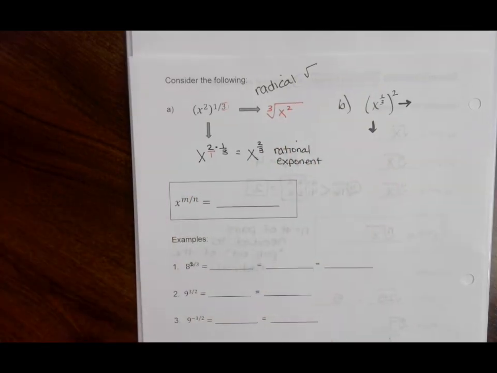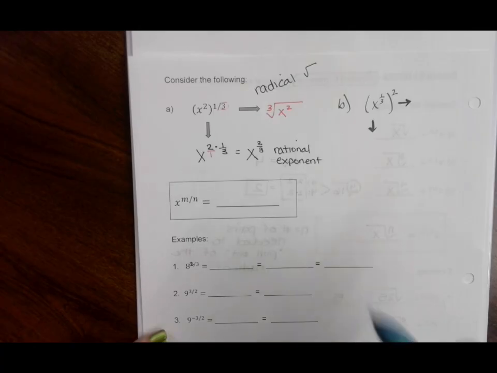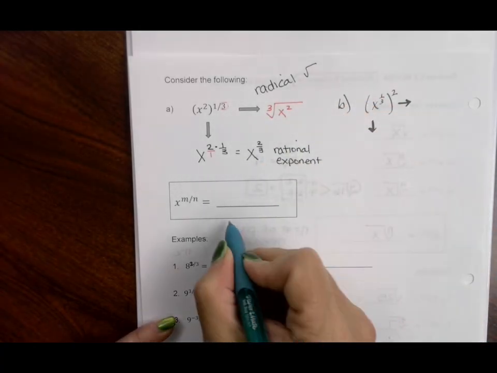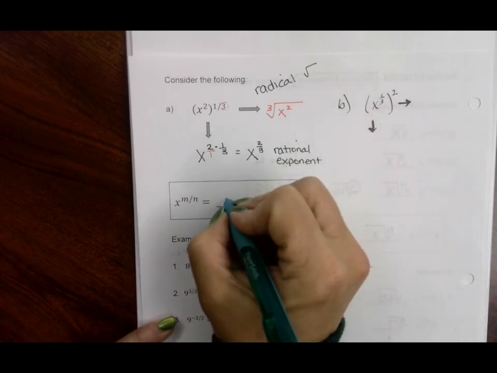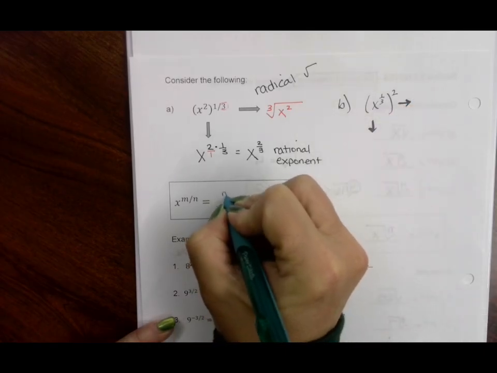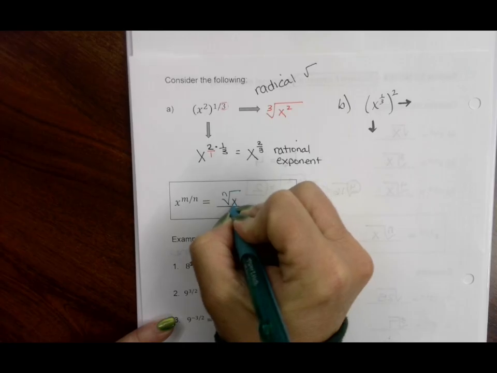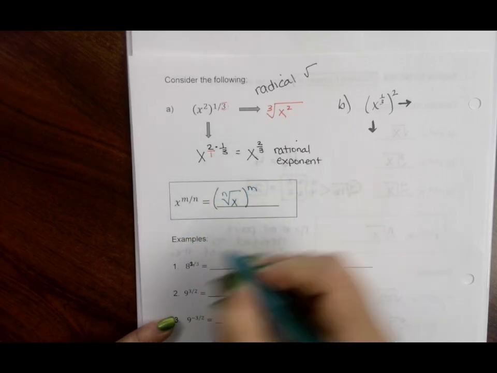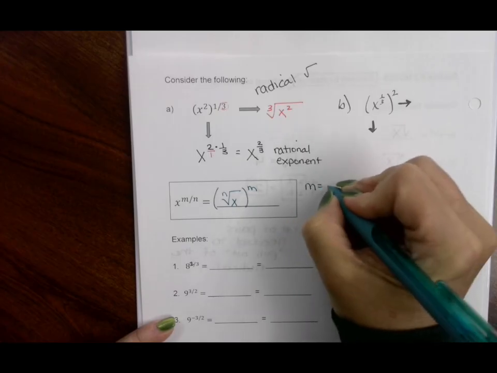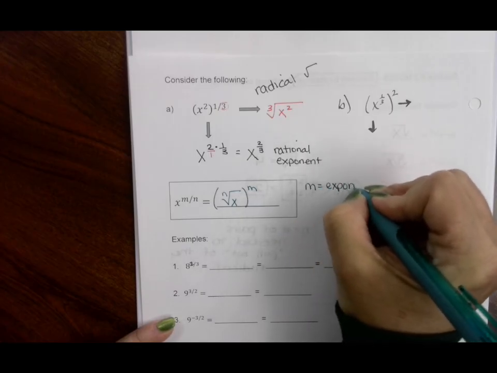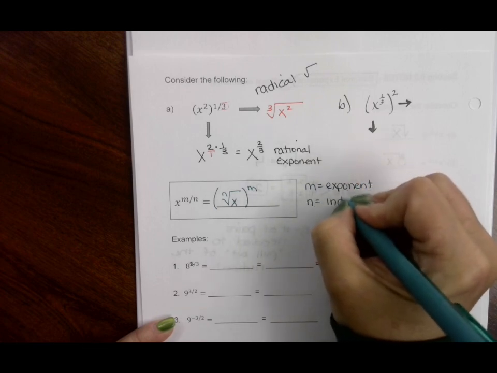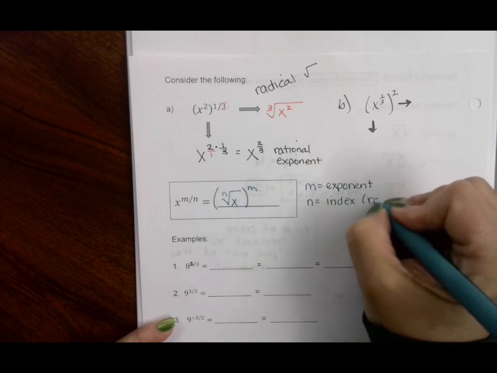So what is the takeaway on this? Let me do this one and then we'll go back up here. This would become n to the x power, all to the m. So the m is your exponent and your n is your index, and your index is what goes on the radical.